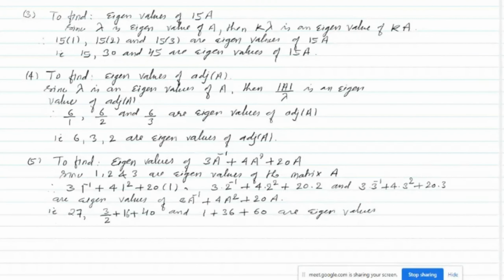These are eigenvalues of 3A inverse plus 4A square plus 20A.